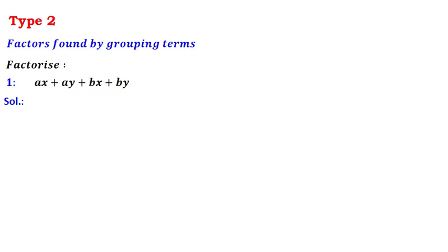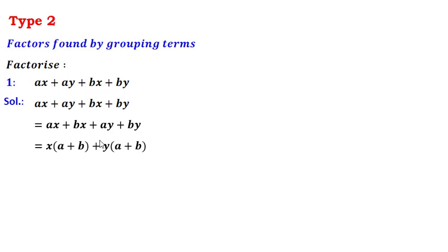Now in this particular problem, if you see these first two terms ax + ay, you can take a common from here, and if you see this bx + by, you can take b common, or else you can rearrange these terms as ax + bx + ay + by, and now you can take x common from these two terms and y common from these two terms.